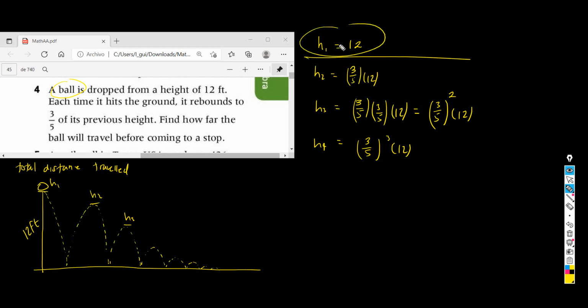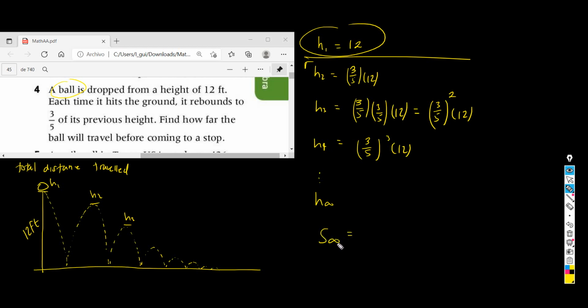So suppose h2 is the first term. It's going upwards plus going downwards plus going upwards plus this, and so on. So basically, what we need to add, guys, is all the terms starting from h2 all the way to infinity, right? And is there a way to do so? Yes, with the formula that we just found.